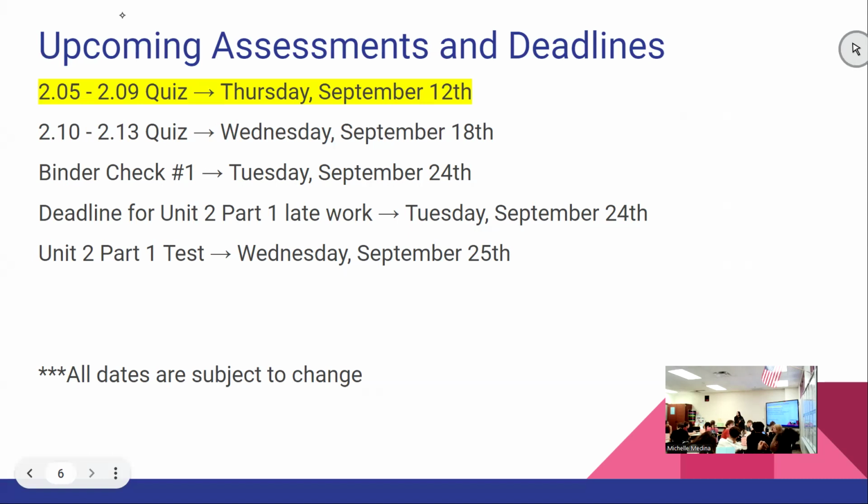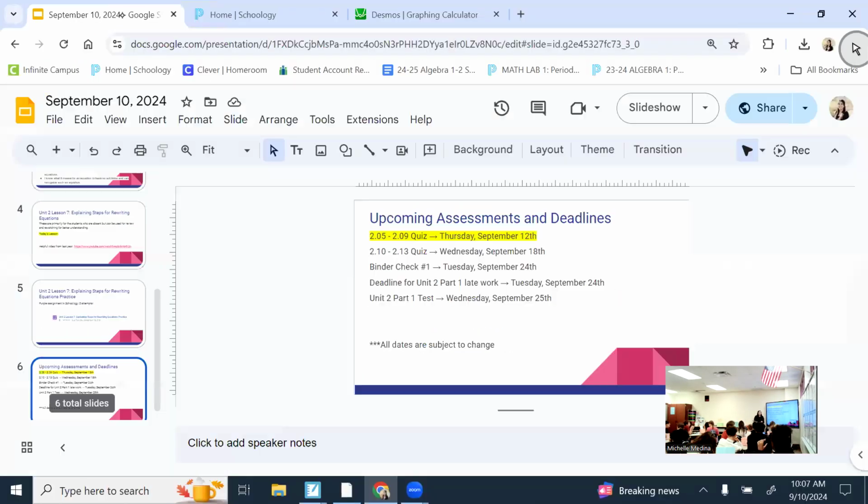You can just do some test corrections, but that does require you somewhat knowing what you're doing and being able to ask questions. So just keep that in mind. I have a couple stride things I need to enter, but if you're still failing after I put that in, then you are being invited. And if you don't come, don't say I didn't give you all the tools necessary for you to pass. Okay.